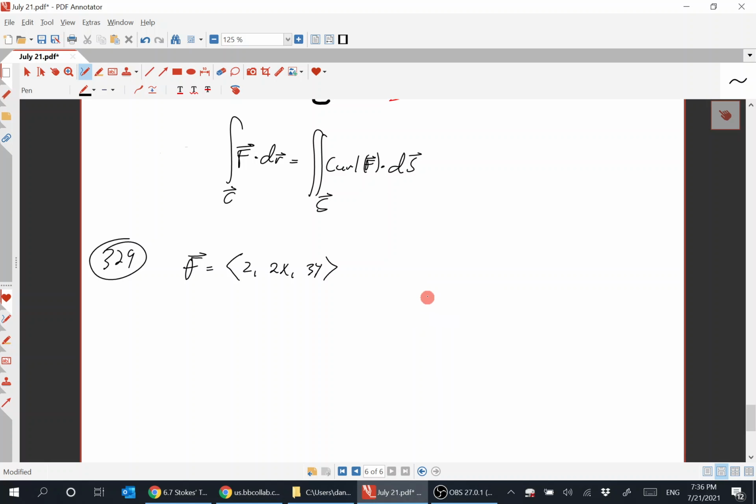So, get this one. Okay, so that's the hemisphere of radius 3. So that's 3, 3, and 3 on the z-axis, x and y-axis. And it's upwardly oriented.